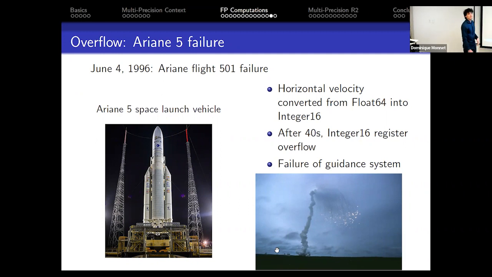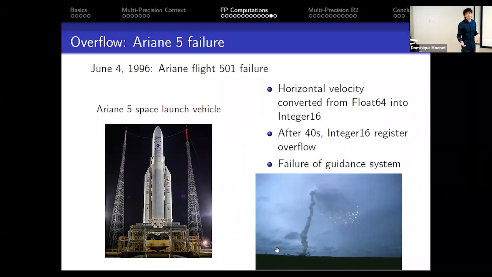But in the guidance system, they cast this float 64 into an integer 16 for some reason, I don't know which one. But anyway, what happened is that the number was so big that it could not fit as an integer 16. That is, it was greater than the maximum possible range of what it can represent. And what happened is an overflow. That is, when you register into integer 16, it just tells you, I have infinity.